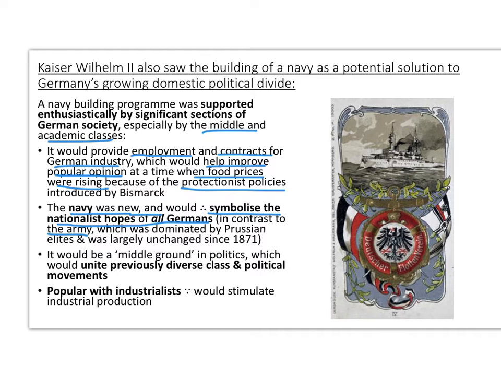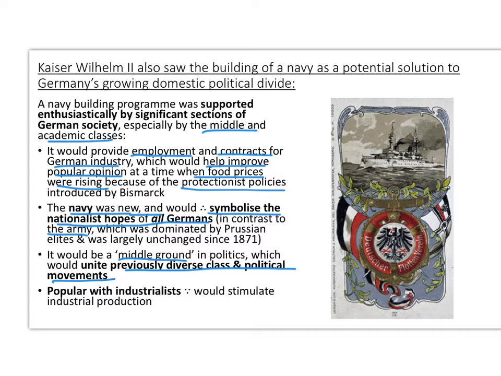And so that will, in a sense, help bridge the divide that is dividing Germany. It will unite the different classes because we'll have a branch of the armed forces, the German Navy, that will give buy-in to the middle classes and also to the lower classes.